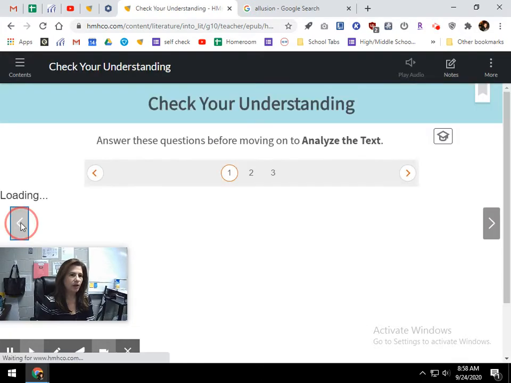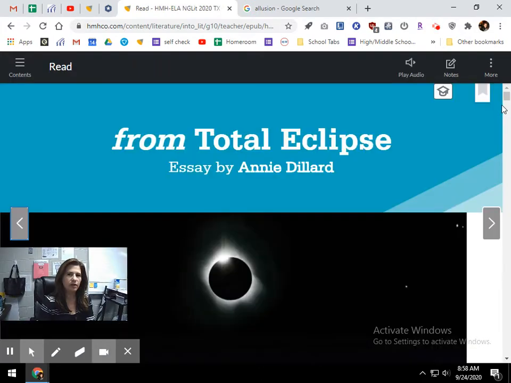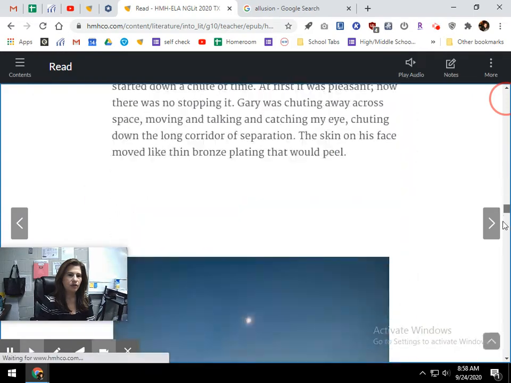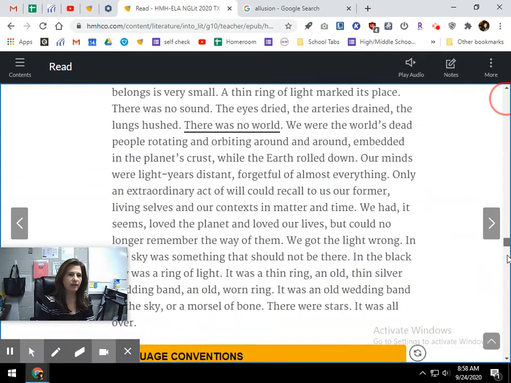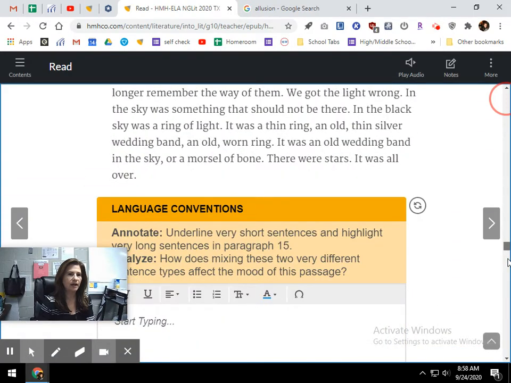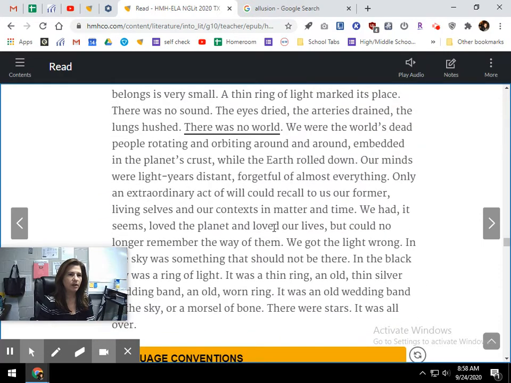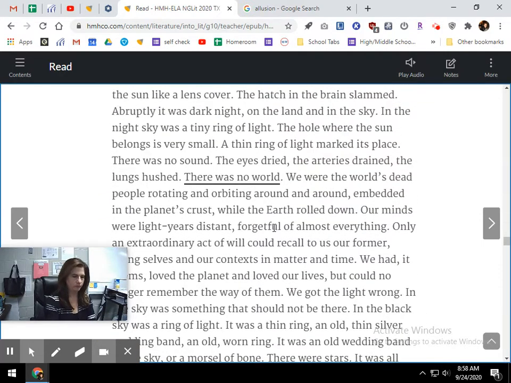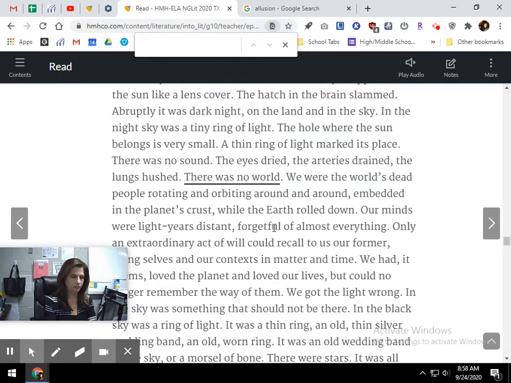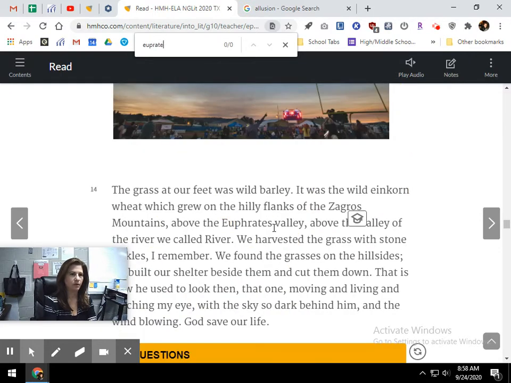So I'm just going to go back to the text and show you where that is. And I think you had a question about it yesterday as well. So I'm just going to try to find Euphrates. Here it is. So it's in paragraph 14. The grass at our feet was wild barley.